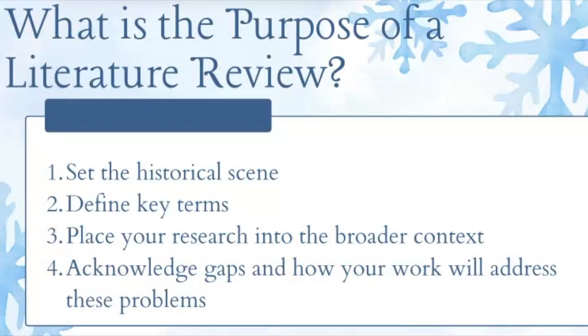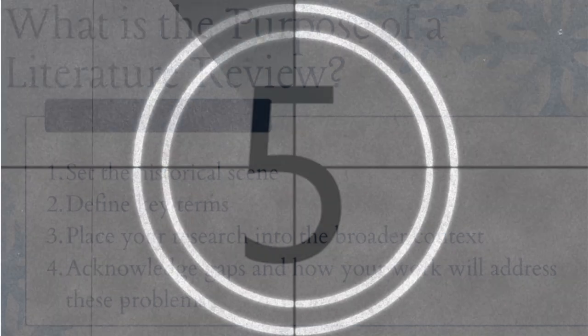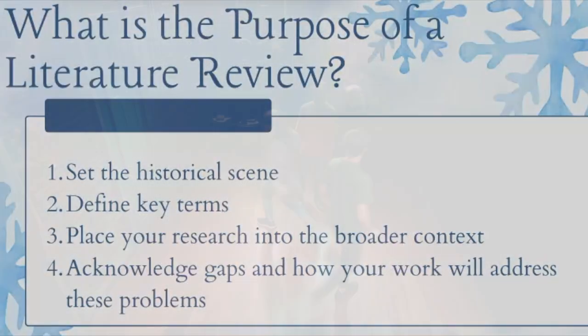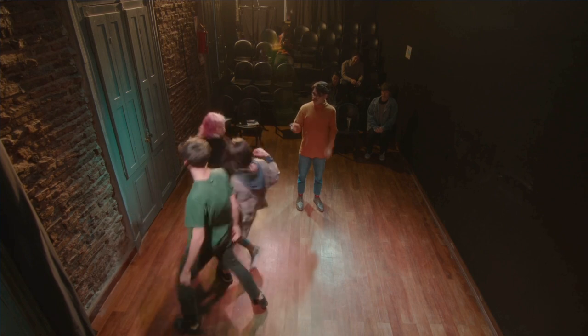So this part, we're going to think about what is the purpose of a literature review. And by writing your literature review, it is going to help to set the historical scene. So thinking about what is all the background about this topic that you are going to write about. And the literature review is going to help set that scene.